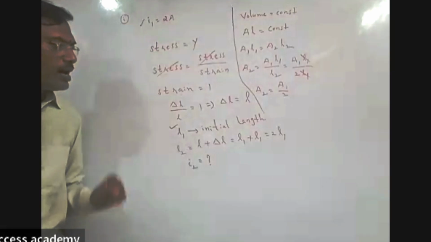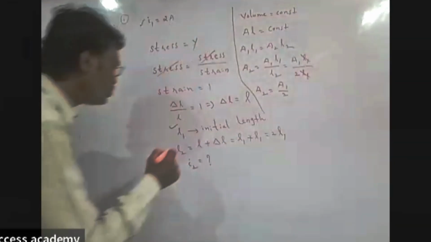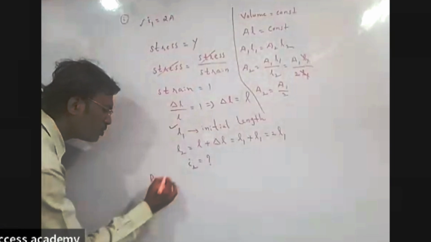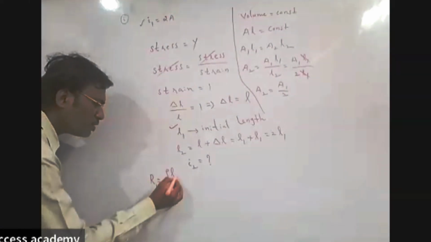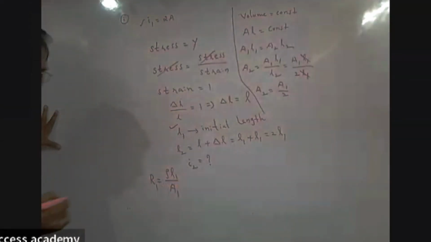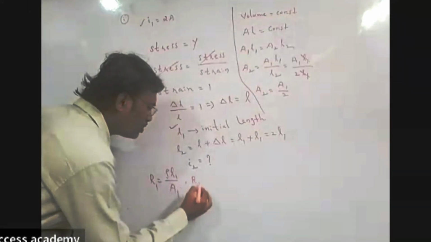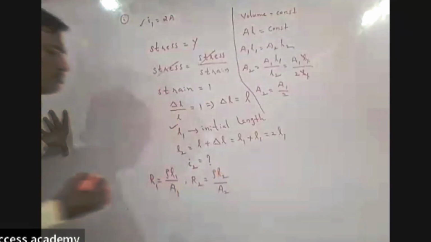Now, as you know well, R is equal to rho L by A. First wire resistance R1 is rho L1 by A1. Second wire R2 is equal to rho L2 by A2.